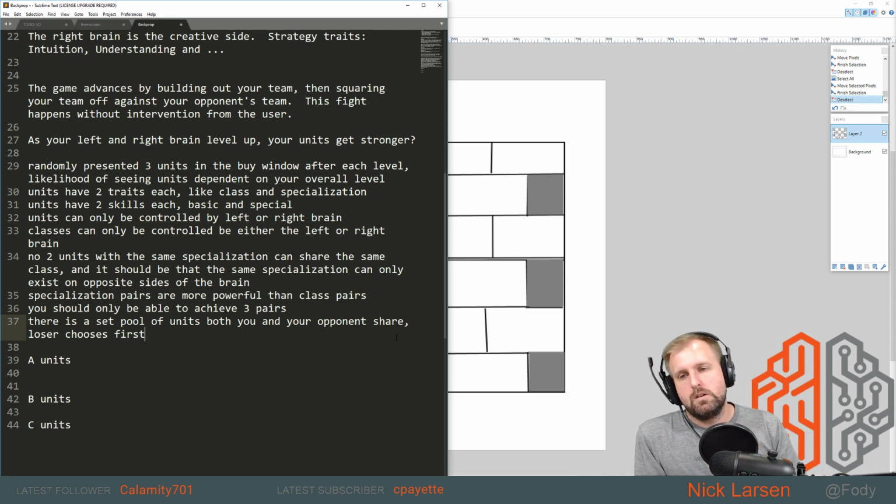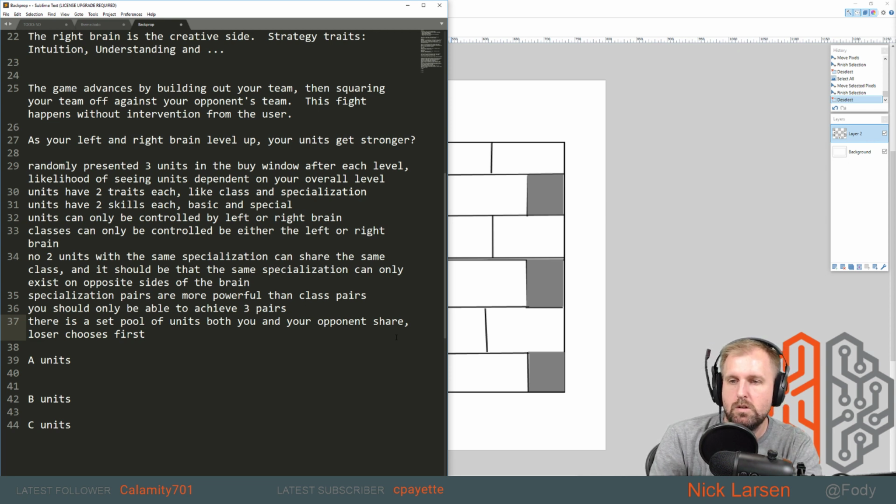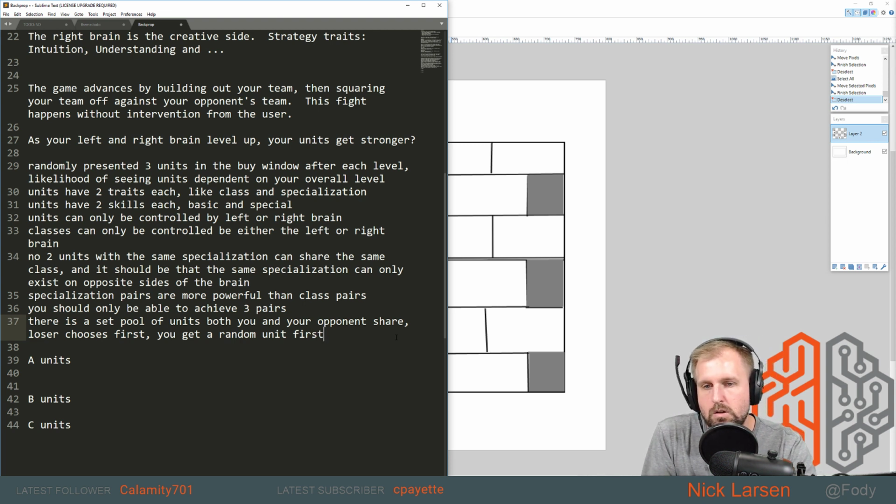So the idea being that you get a random unit to start with, of min level.